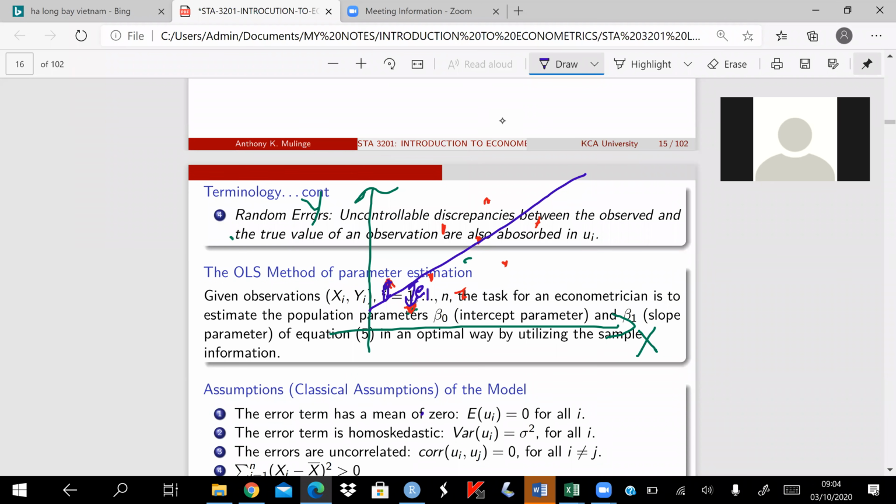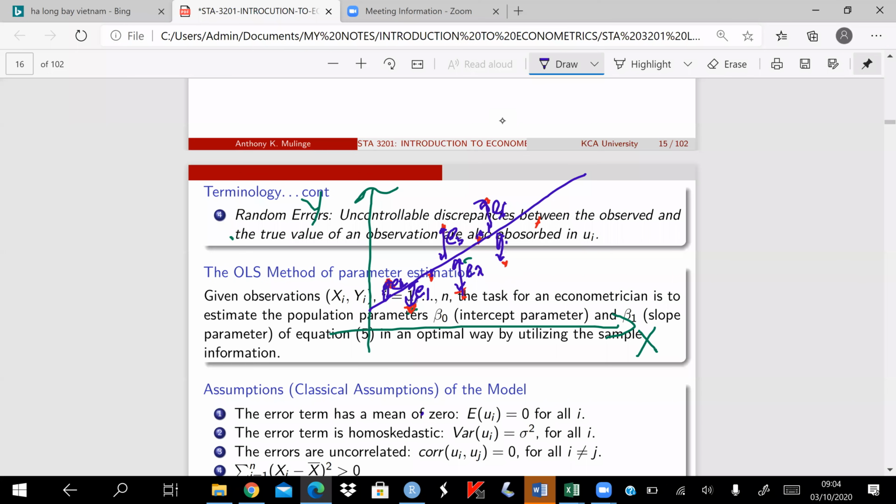I can call this one error 1, error 2. You measure all those vertical distances, error 4, error 5, error 6, error 7, error 8. Let's say I only have 9 points, so error 9.